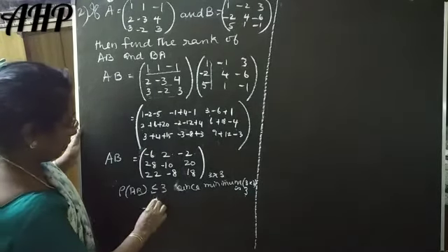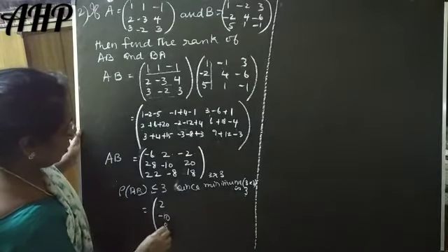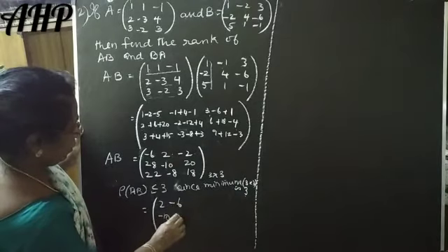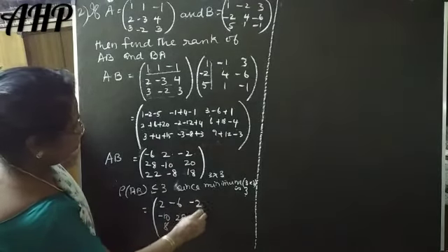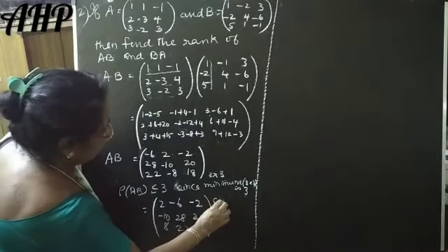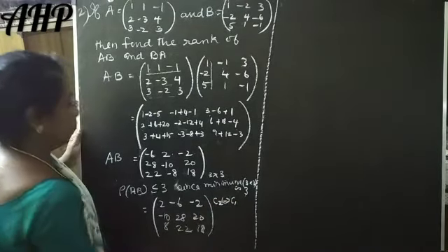We get it here as 2 minus 10 8, minus 6 28 22, minus 2 20 18. What did I do? C1 to C2 and C2 to C1.